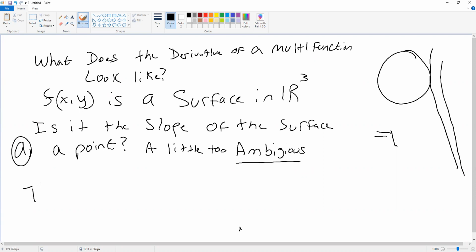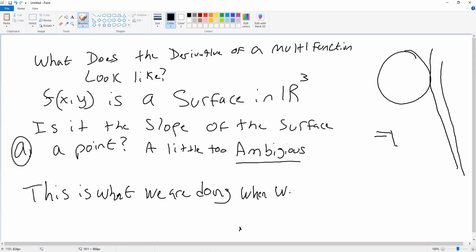So this is what we are doing when we look at these partial derivatives.